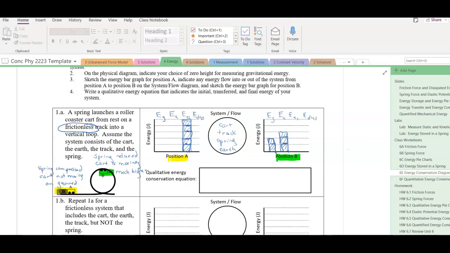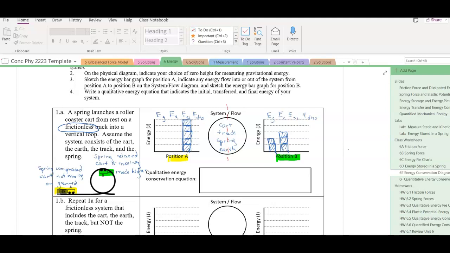Okay? And so now I'm going to write an energy conservation equation. Now, I don't usually do this next thing, but I'm going to do it right now for the first one. I'm drawing a red dashed line through the middle of the circle. In the conservation equation, you always want to say that everything on the left of that dashed line equals everything on the right of that line.